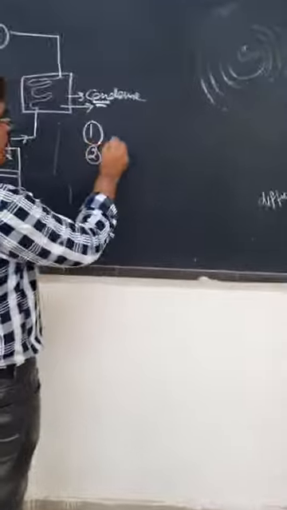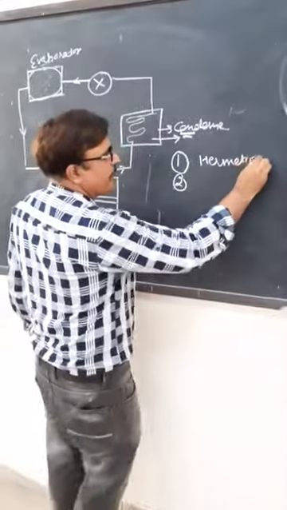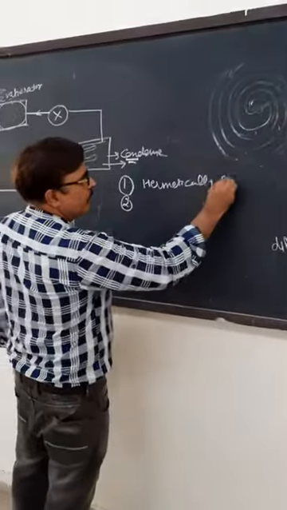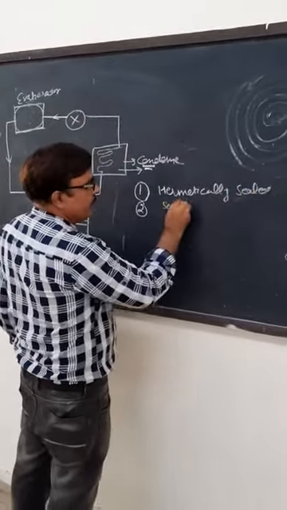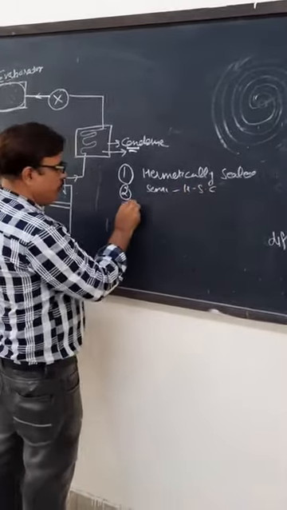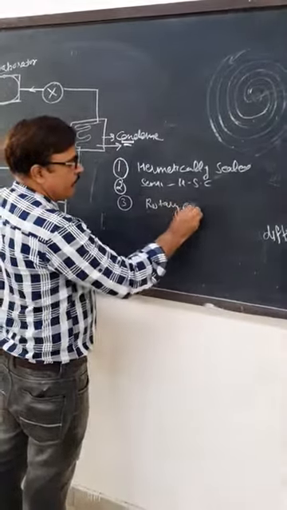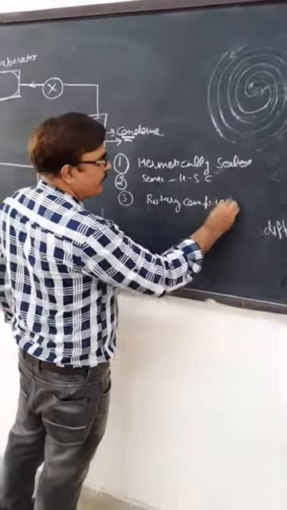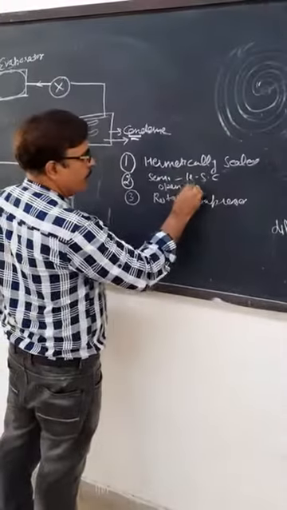Number one, we have the hermetically sealed type compressor. Number two, we have the semi-hermetically sealed type compressor. Number three, we have the open type compressor.